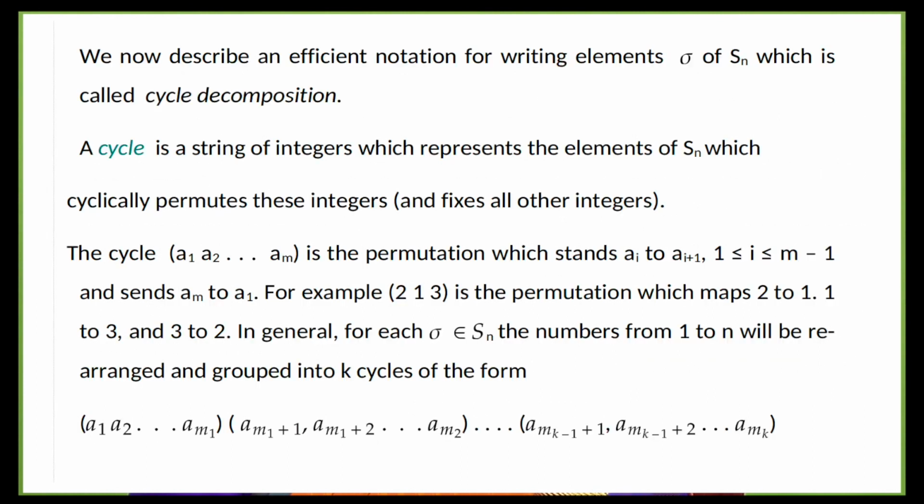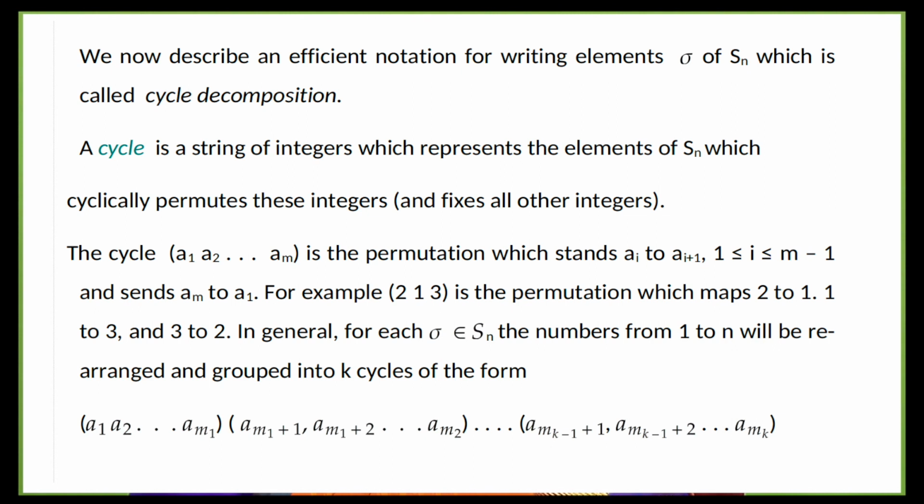We now describe an efficient notation for writing elements sigma of S_n, which is called cycle decomposition. A cycle is a string of integers which represents the element of S_n that cyclically permutes these integers and fixes all other integers.